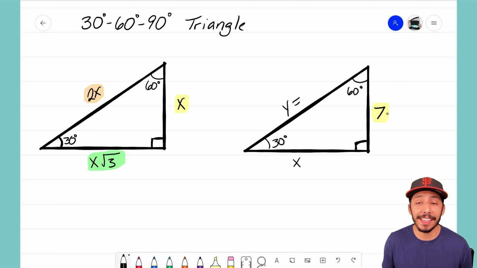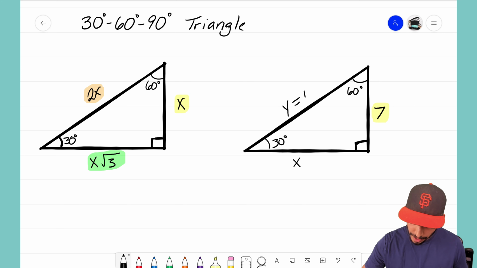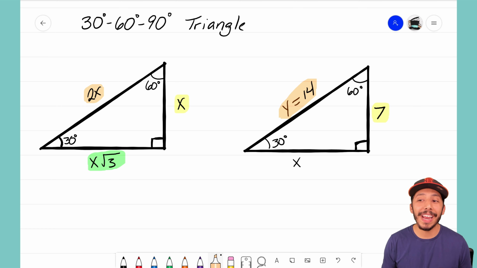So I'm going to take the fact that this side is 7, multiply it by 2, and now I automatically know that my hypotenuse equals 14 without having to do sine to prove that. And if you don't believe me, set up a sine ratio and solve it, and I'm sure that for y you will end up with 14.